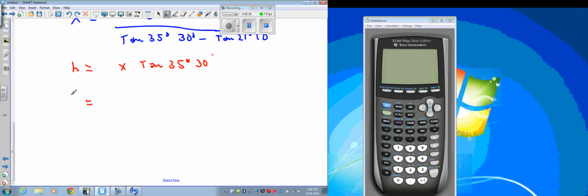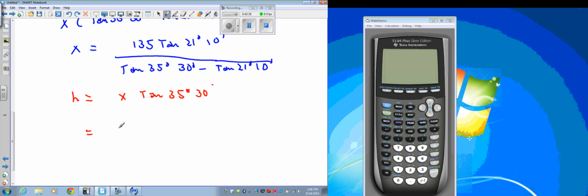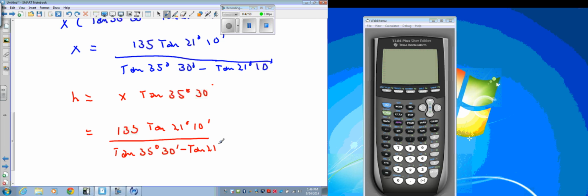So you've got 135 tangent 21 degrees 10 minutes over tangent of 35 degrees 30 minutes minus the tangent 21 degrees 10 minutes, times the tangent 35 degrees 30 minutes.